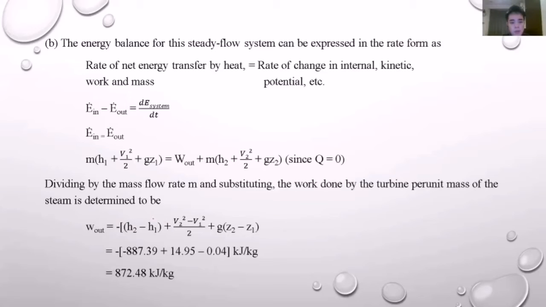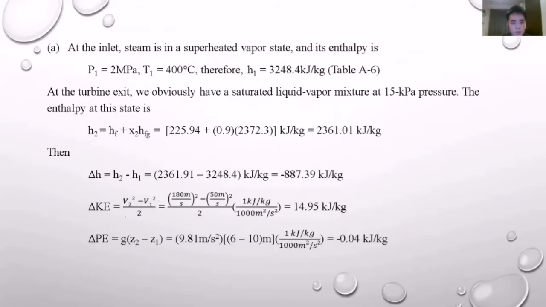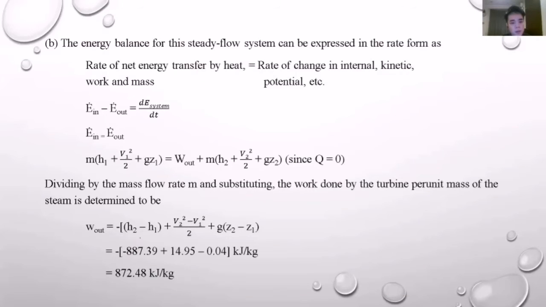All these values we already obtained in question A, which is H2 minus H1 is negative 887.93, kinetic energy 14.95, potential energy negative 0.04. So we substitute those numbers into this equation, and lastly we get 872.48 kilojoule per kilogram.